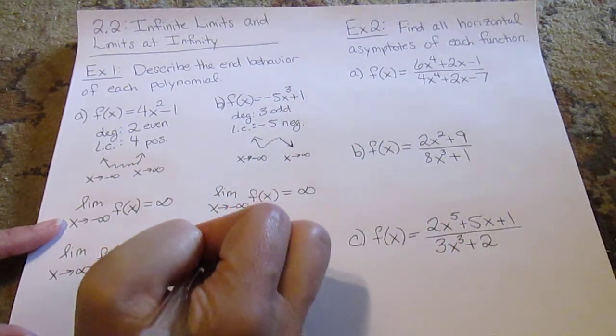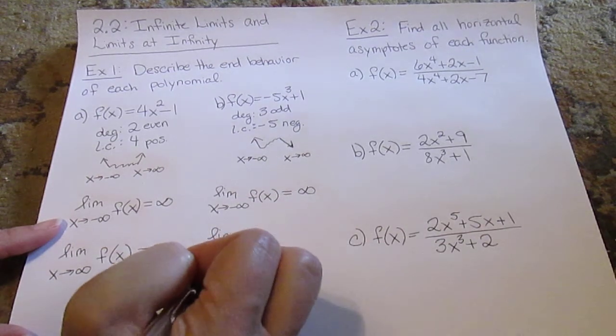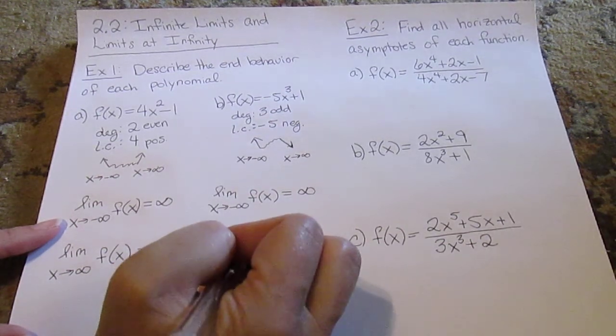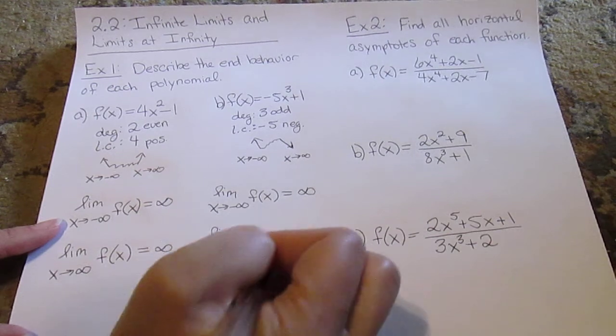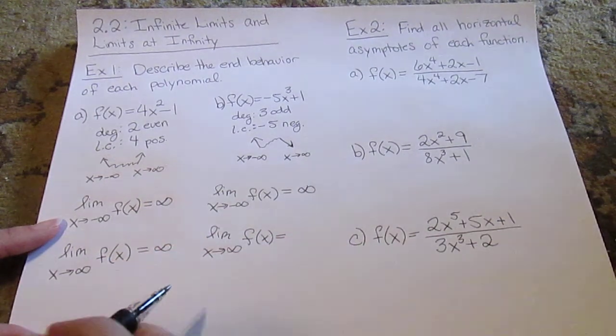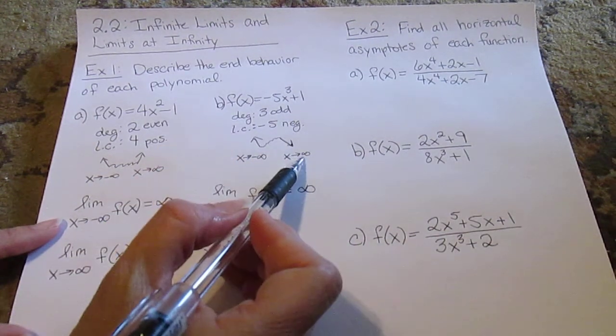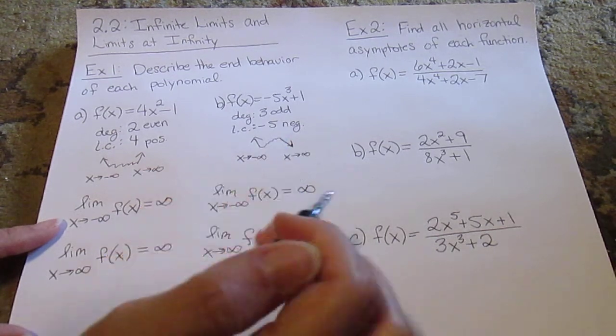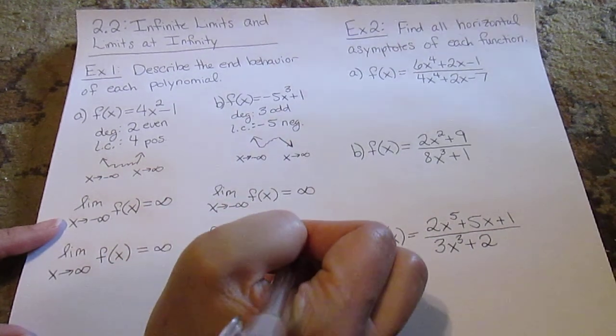And then I've got the limit as x is going to positive infinity of f of x. Well, that's whatever's on the right side. So on the right side, it was going down, so I'm going to put negative infinity.